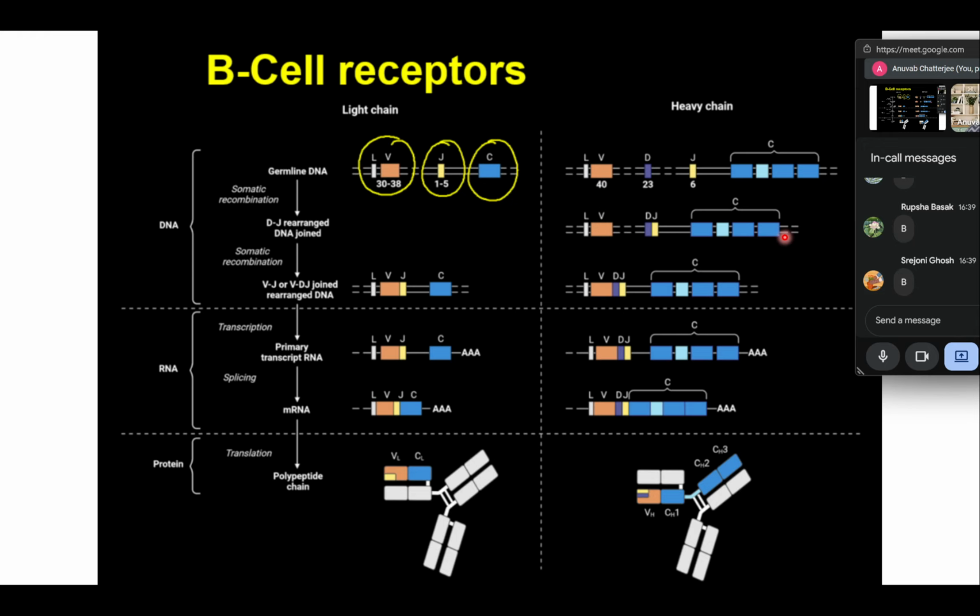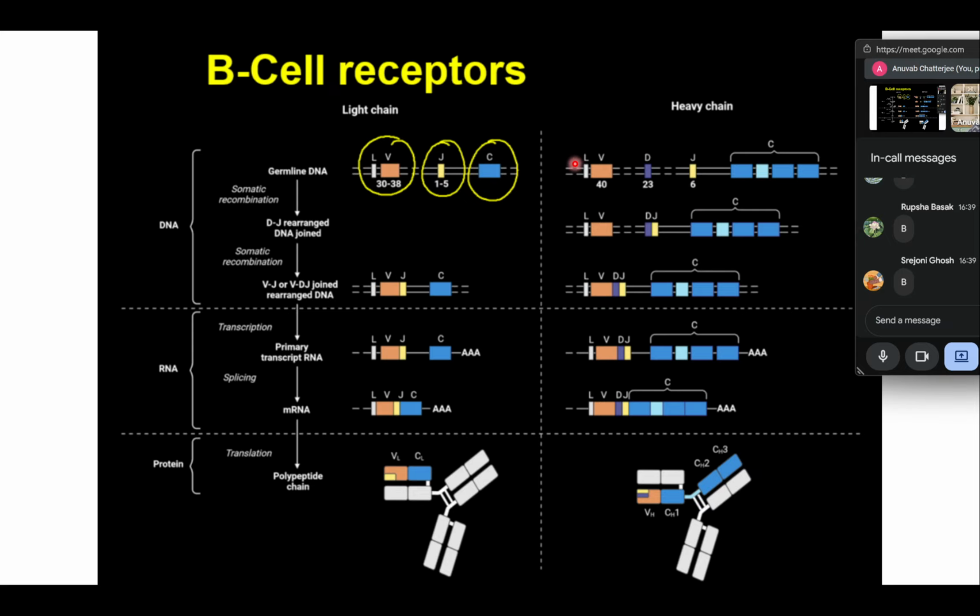Once they come together, when they are transcribed into the RNA, 1 out of 40, 1 out of 23, 1 out of 6, so these V, D, and J segments are chosen to form the final antibody. So essentially you have 40 into 23 into 6, that is the amount of diversity that can occur in the one gene of the antibody.